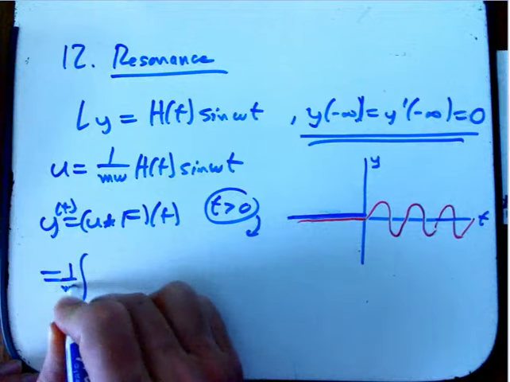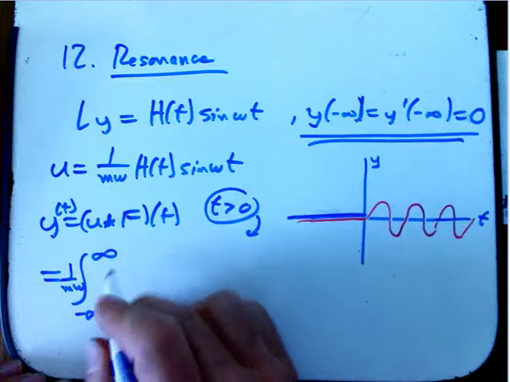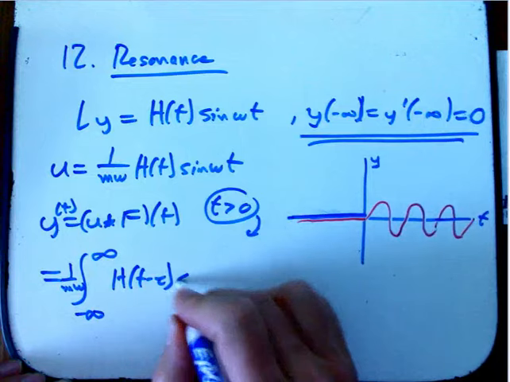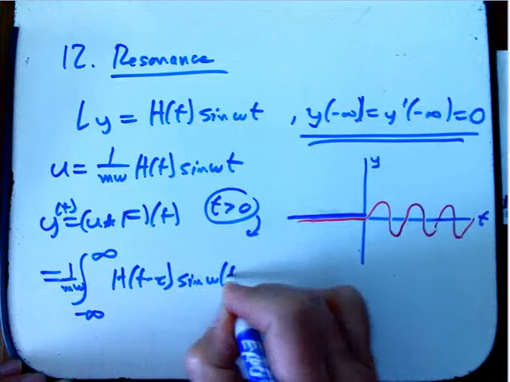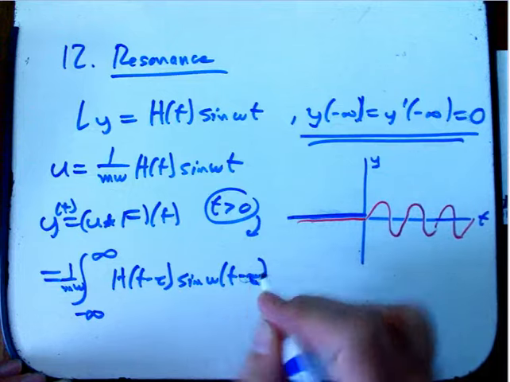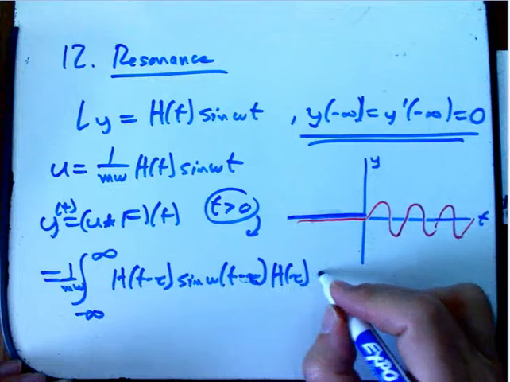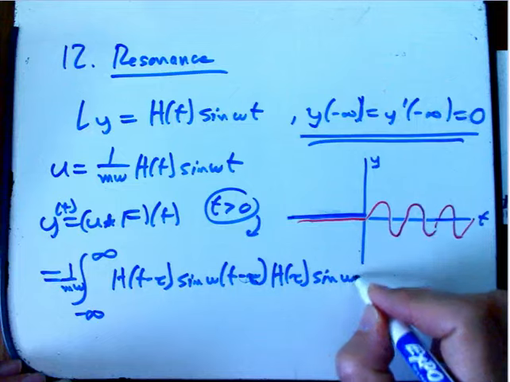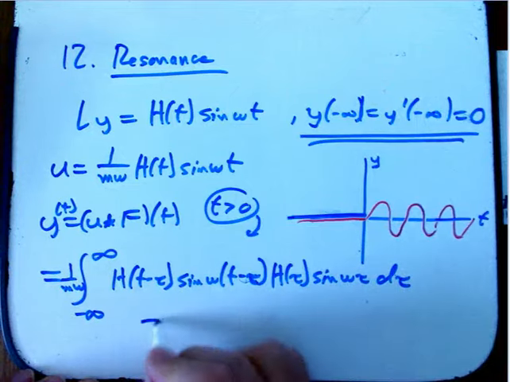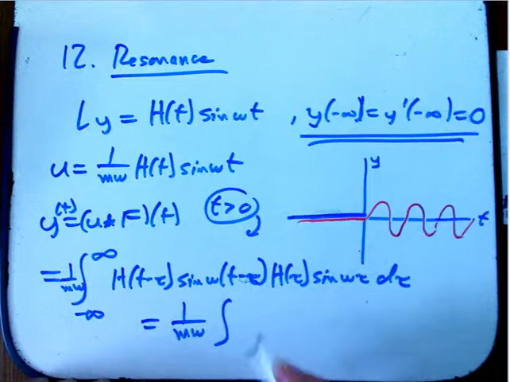Well, the 1 over m omega is going to come out. And then by definition, we do this integral from minus infinity to infinity. We know with a bunch of step functions, that's going to collapse pretty quick. This is something we talked about at the start of convolutions: in this initial value problem context, especially if you assume everything starts at or after 0, you see this alternate, quote, definition of convolution where you don't integrate from minus infinity to infinity.